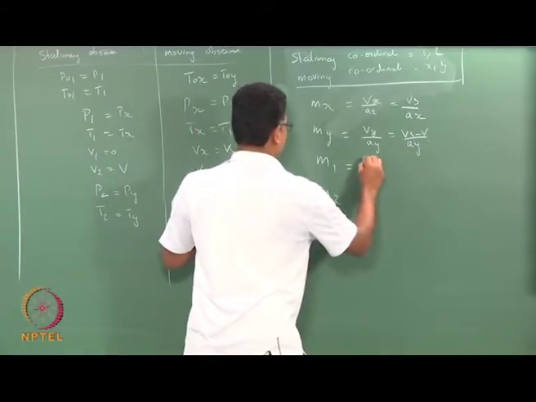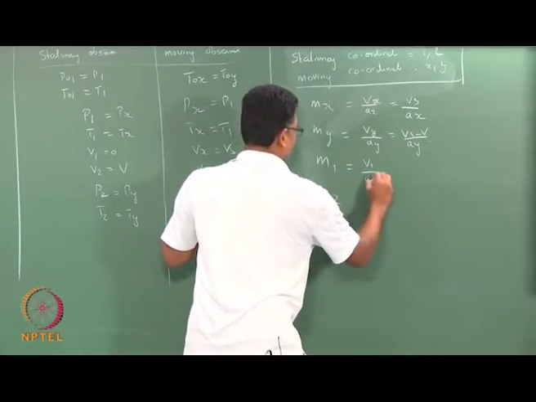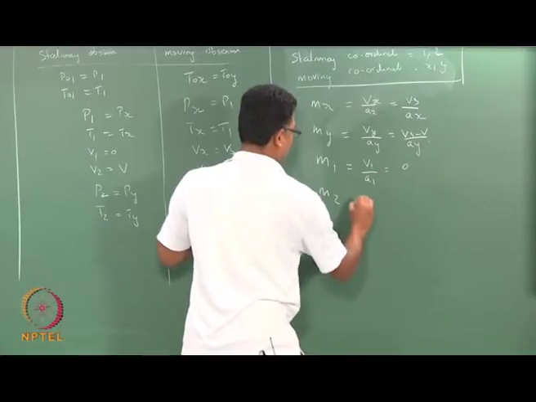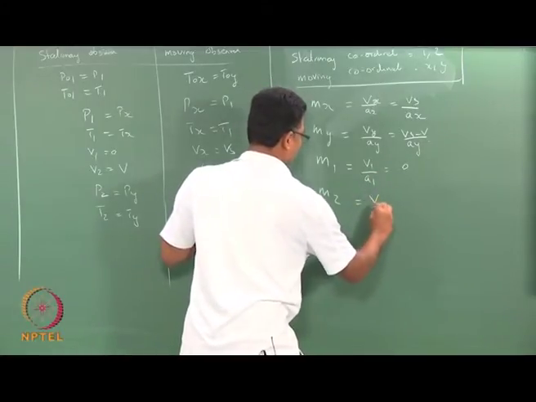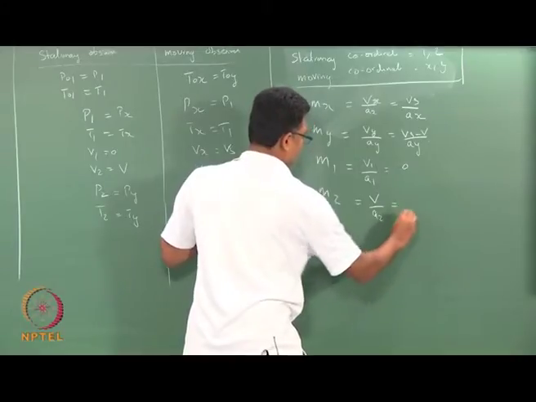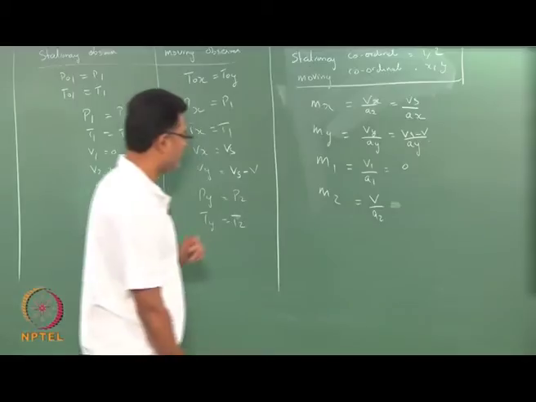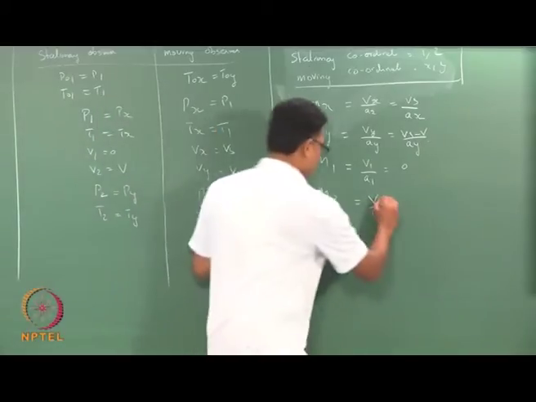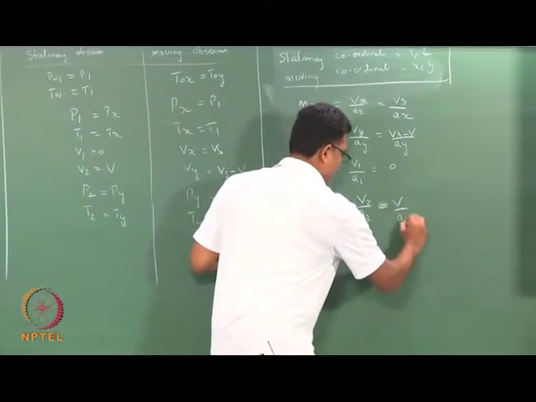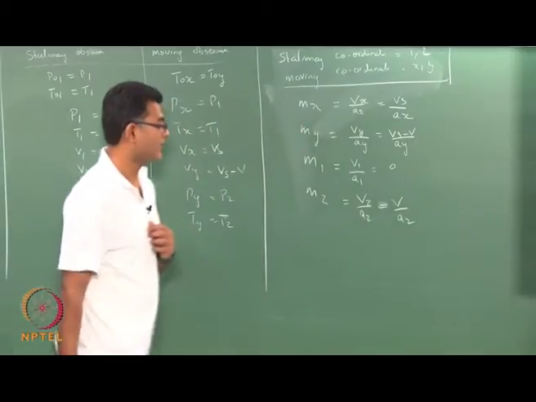M1 is V1 by A1, which is 0. M2 is V2 by A2, which is V by A2. Okay.